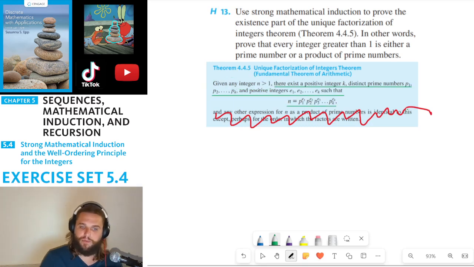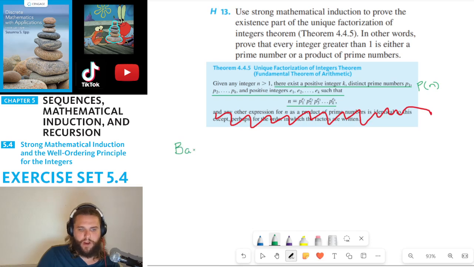In this case, the predicate P of n is there exists a positive integer k, distinct prime numbers p sub 1, p sub 2, and so on through p sub k, and positive integers e sub 1, e sub 2, up through e sub k, such that n equals p sub 1 to the e sub 1 times p sub 2 to the e sub 2, and so on up through p sub k to the e sub k. That entire chunk is going to be our P of n.